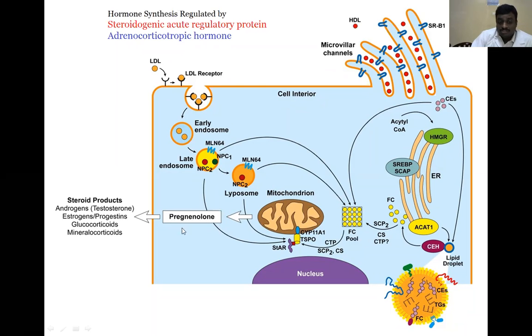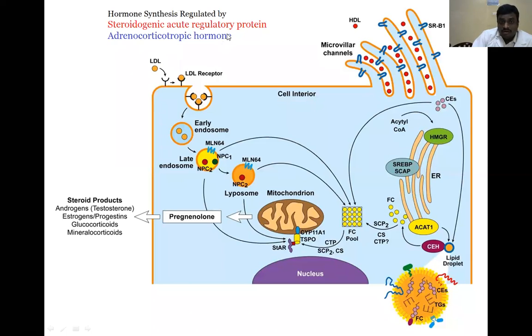For the production of pregnenolone, the free cholesterol is regulated by different factors. What are those? One is STAR, the other is a hormone. STAR means steroidogenic acute regulatory protein. The second one is the hormone adrenocorticotropic hormone.